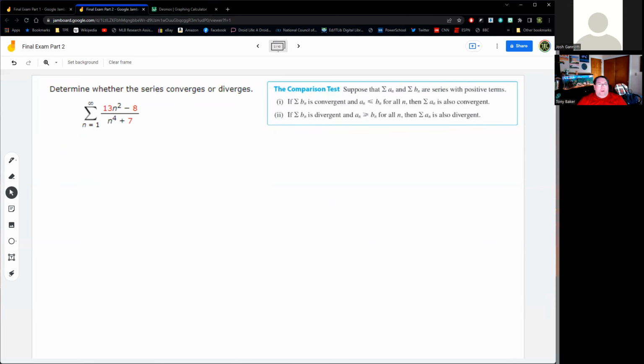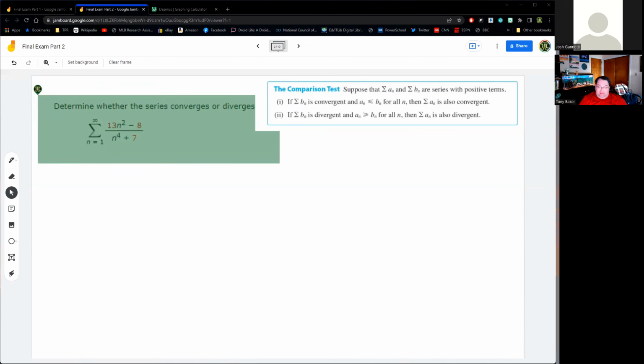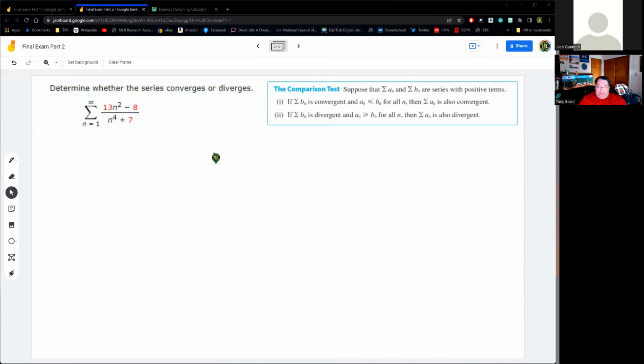All right, so we're doing the comparison test for this one. So I'm going to take the biggest part on the top and the biggest part on the bottom. So I've got 13n squared over n to the 4th. And I'm just going to compare this to 1 over n squared.